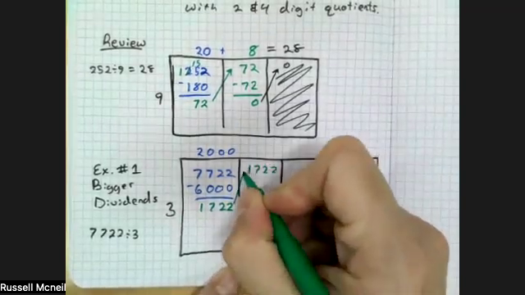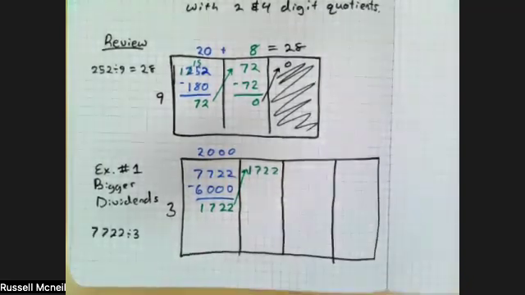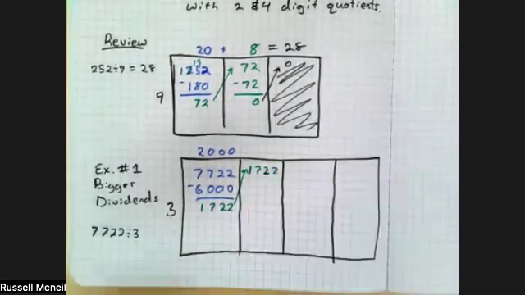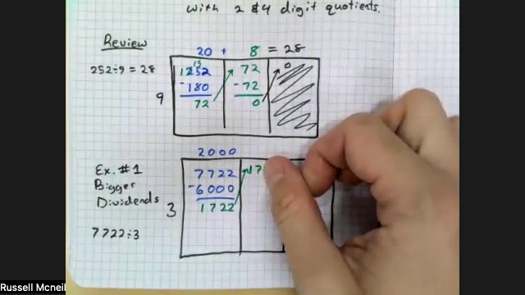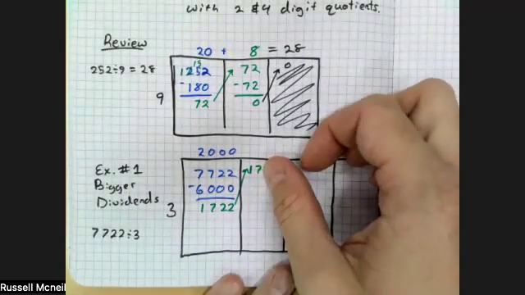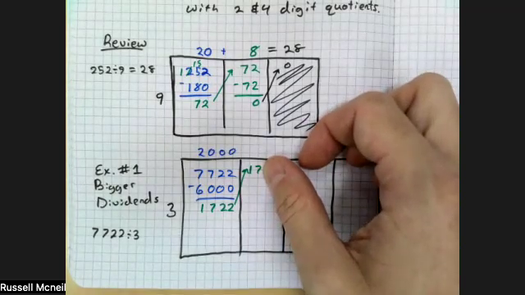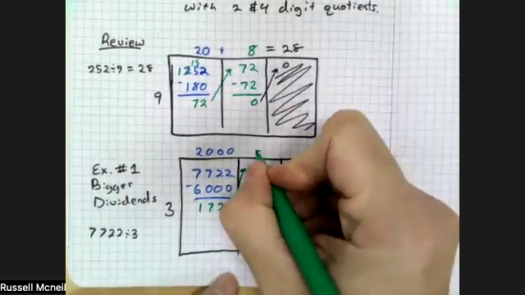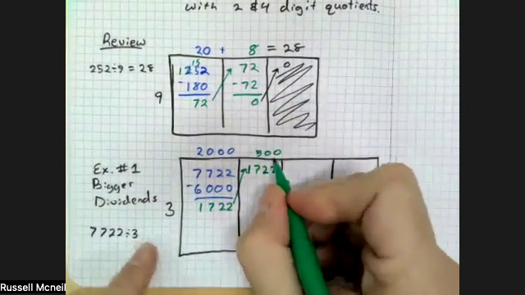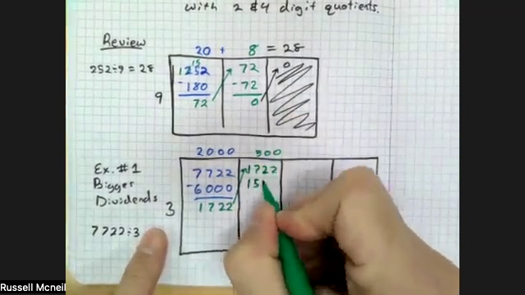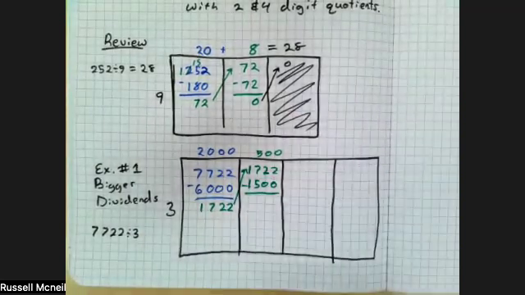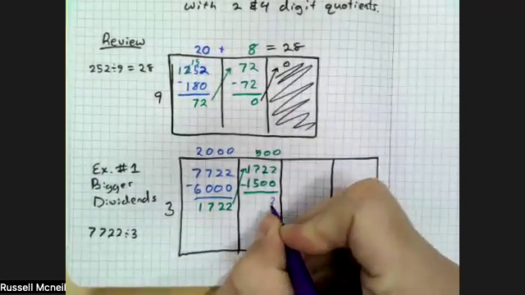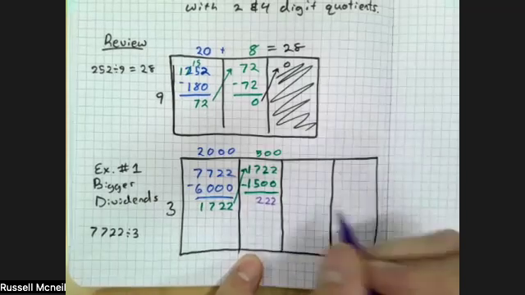And again, make sure you've got the space to work in your boxes. How many times does 3 go into 1? It doesn't. How many times does it go into 17? This is where we're working. We're going to end up with 500. 500 times 3 is 1,500. Subtract. We're going to get 2, 2, 2.